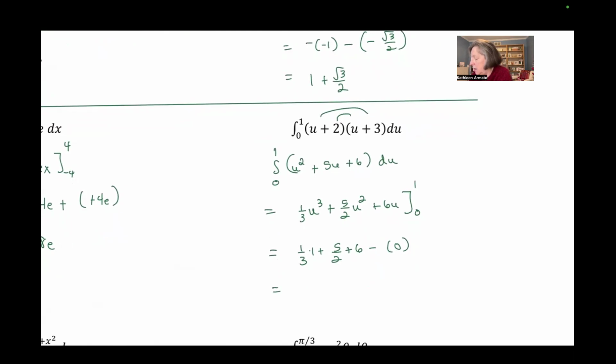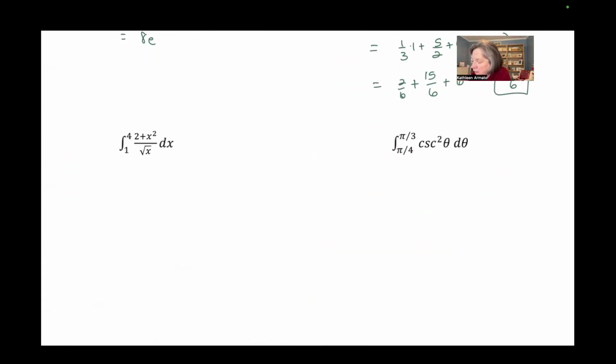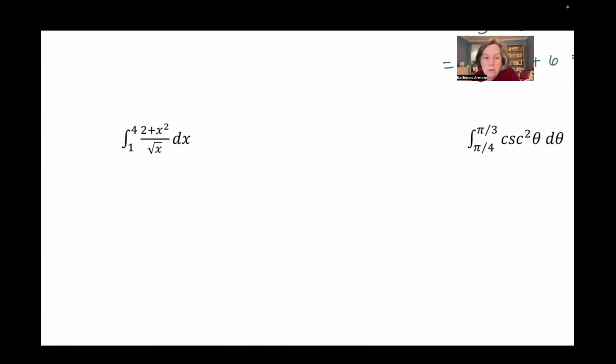So that would be 1/3, 5 halves, and 6. Do I have that answer? Should be 53/6.